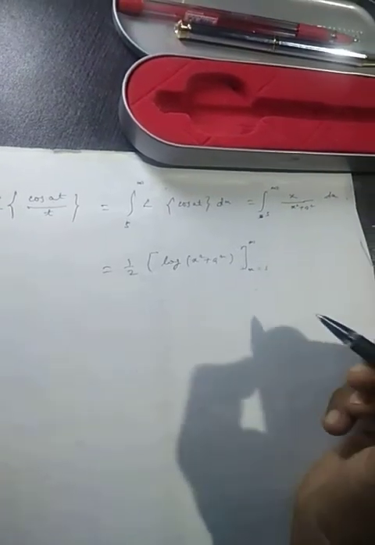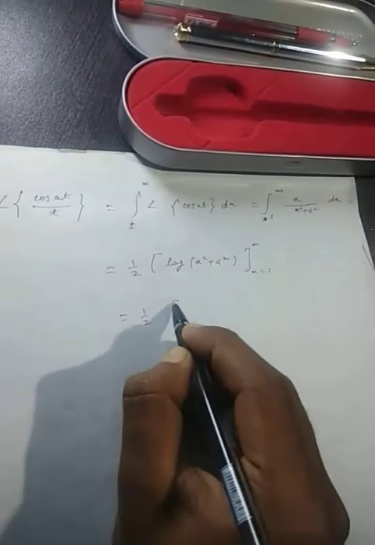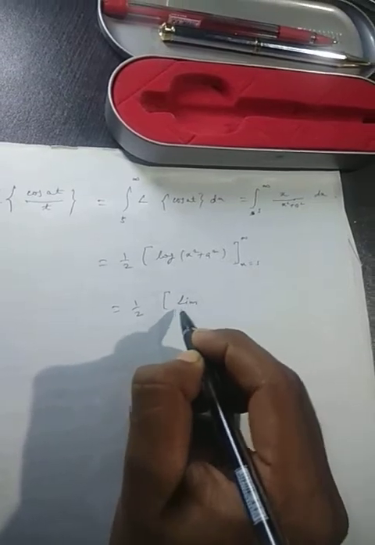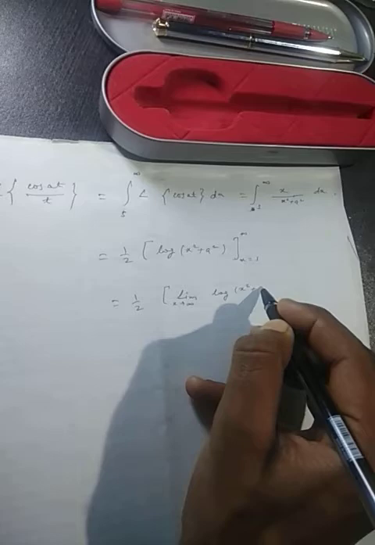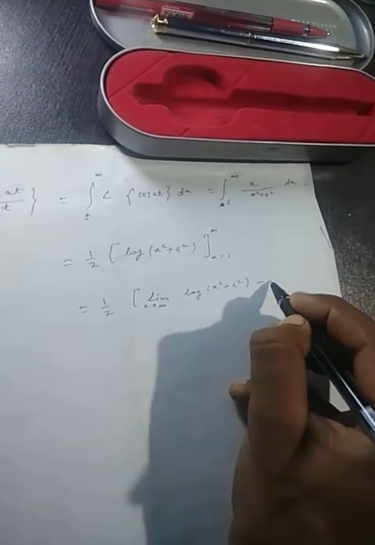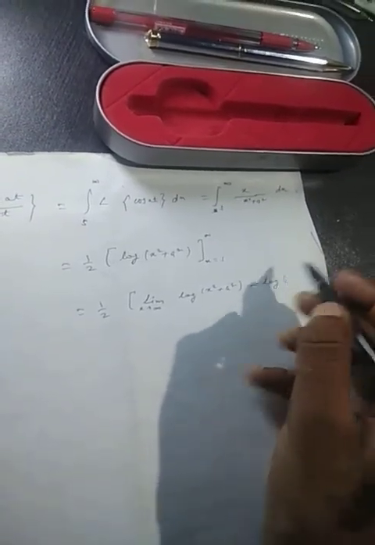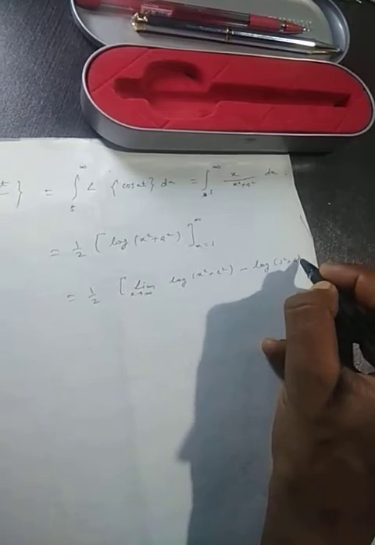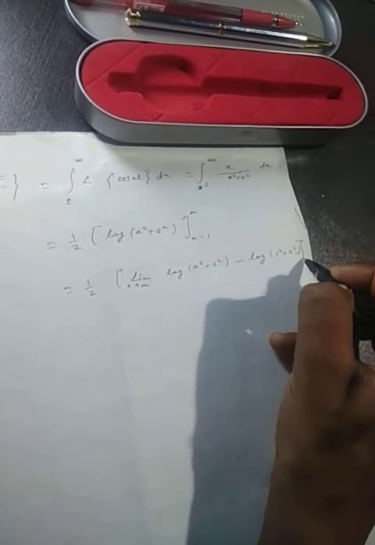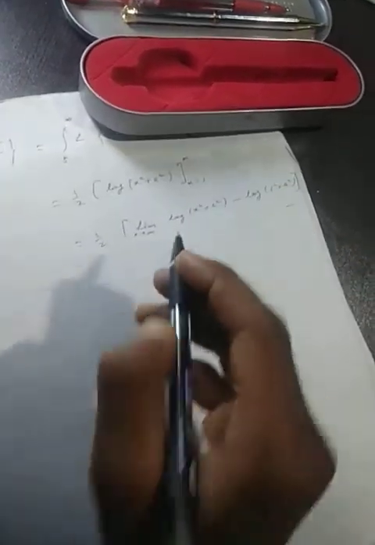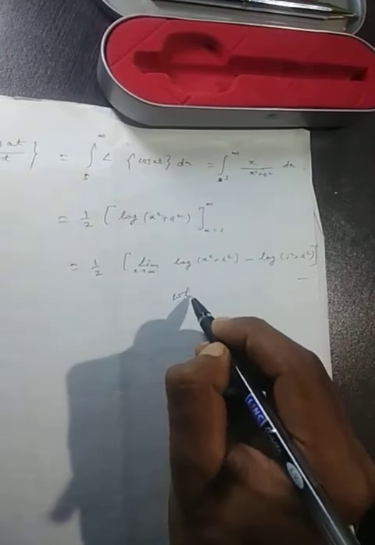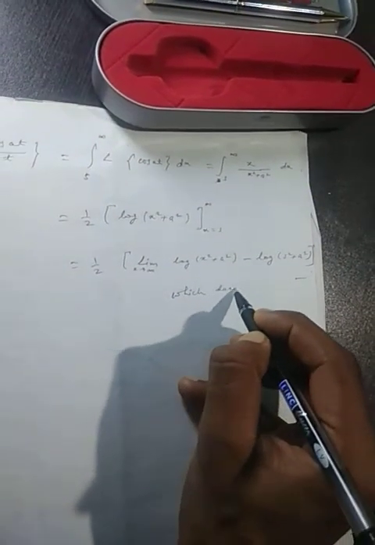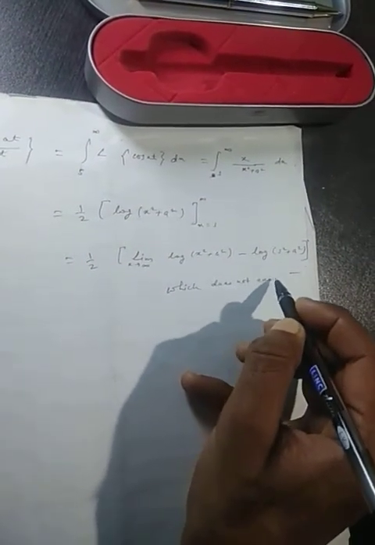This is half of the limit as x tends to infinity of log of x square plus a square minus log of s square plus a square. So as you can see, this does not exist.